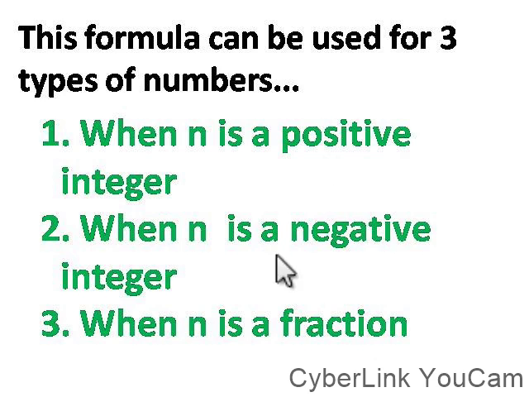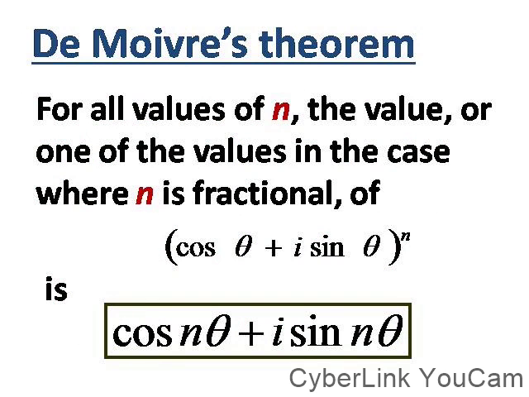then what is going to happen? If n is negative, you can see that at this point the negative sign comes here, so sine of minus n theta.